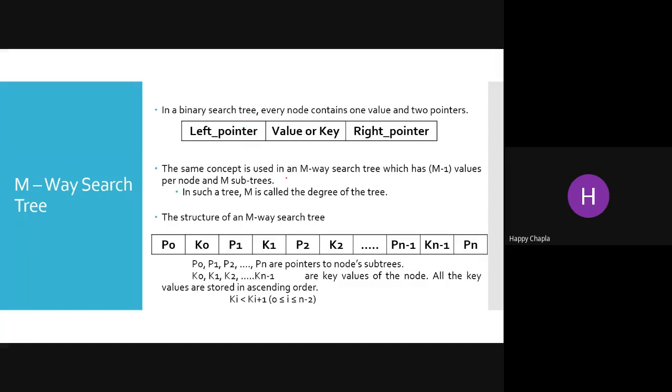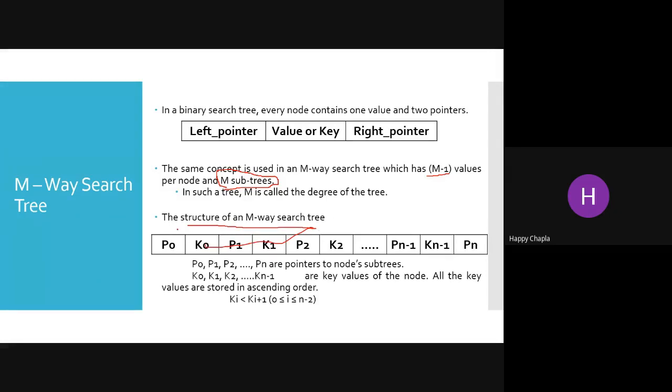Now the same concept is used in an m-way search tree, which has m minus 1 values per node and m subtrees. Now in such a tree, m is called the degree of the tree. We'll see everything. Now the structure of an m-way search tree is something like this.